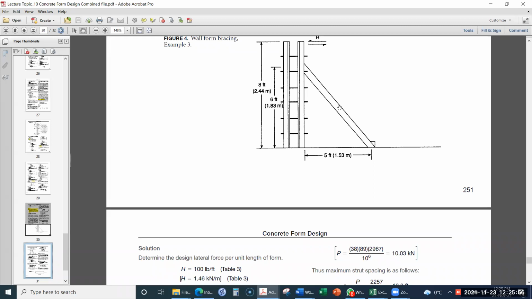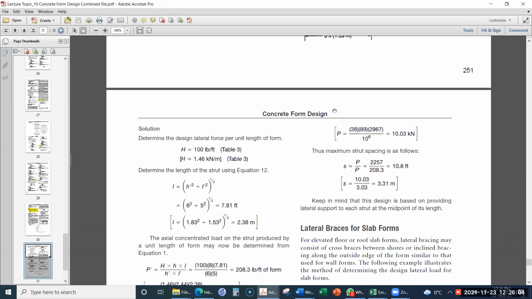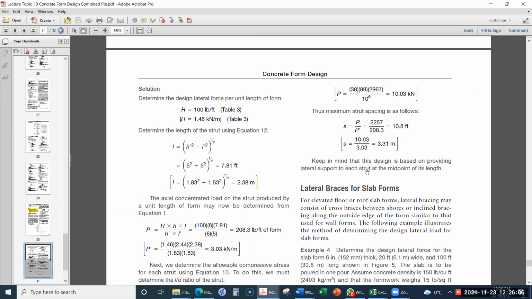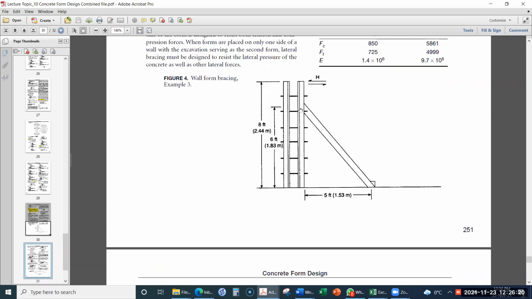But remember that we will also have to provide lateral support to these bracings at the midpoint of these supports. So keep in mind that the design is based on providing lateral support to each strut at the midpoint of its length. So in this way, we determined that these lateral supports can be provided at 3.31 meter.